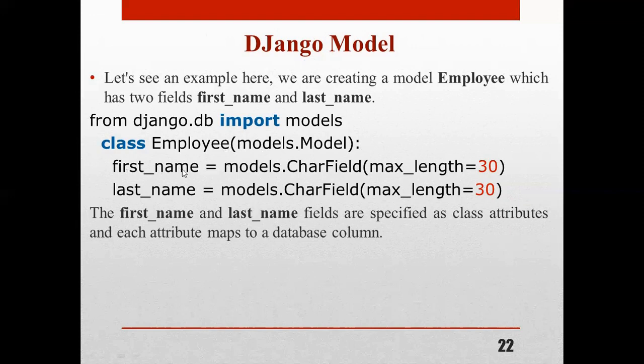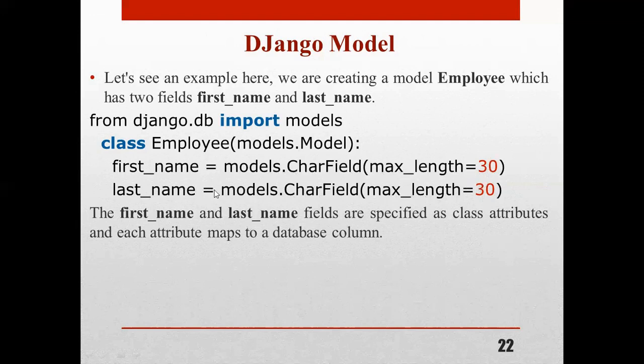Here first_name equals models.CharField, because the first name should be characters, with max_length inside the brackets. Similarly, last_name equals models.CharField with max_length equal to 30. Here we are setting the maximum length for the first name and last name.